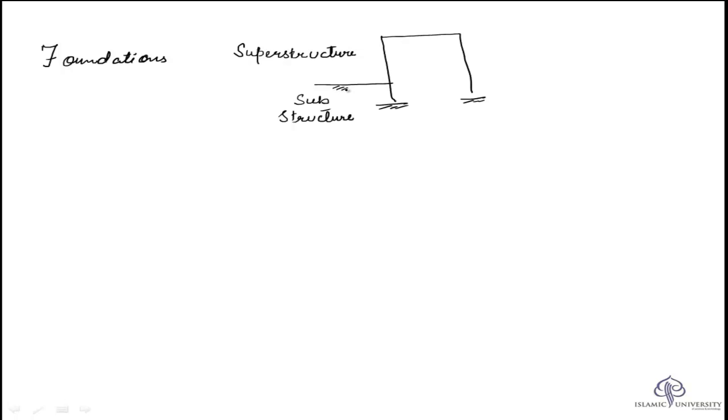Substructure is that part of structure which is located below the ground level, while superstructure is that part which lies above the ground level. The substructure is also referred to as foundation. So, we can define foundation as that part of structure which lies below the ground level.